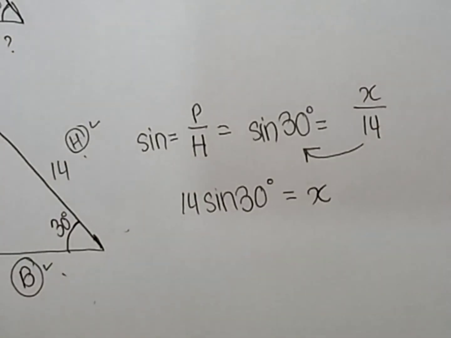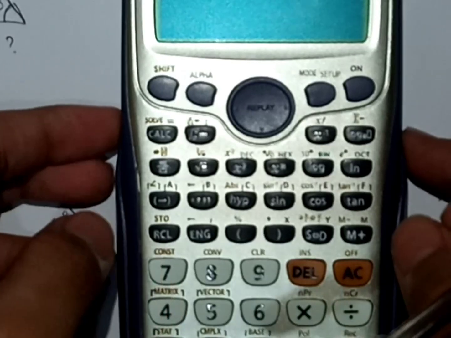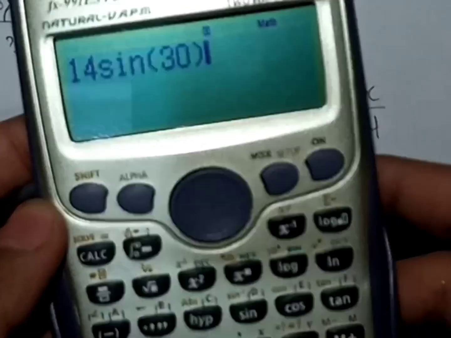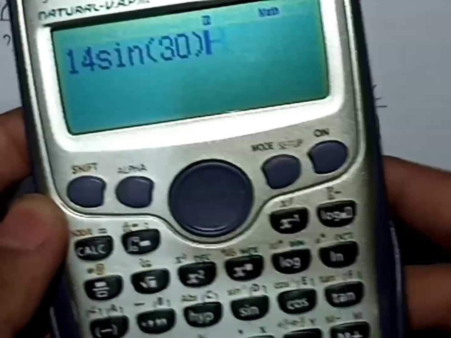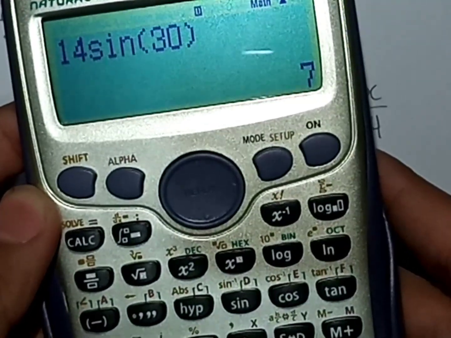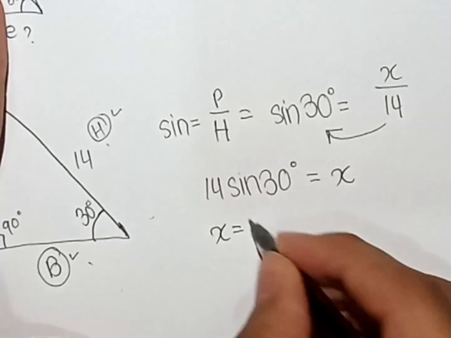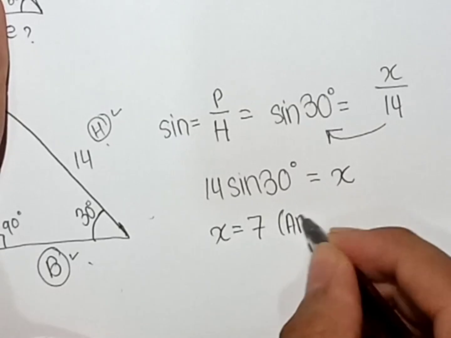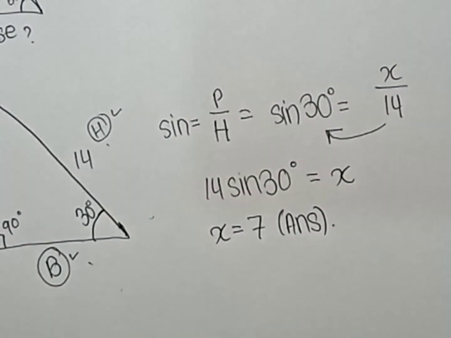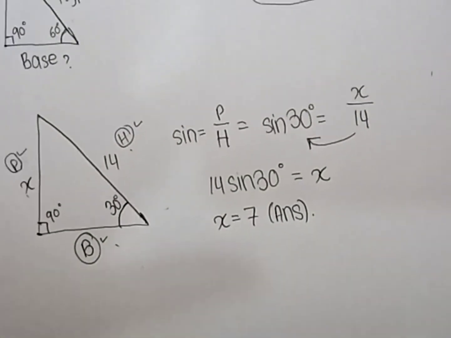Now how can we write it into our calculator? 14, then sine, and then 30. So what answer is coming? 7. So my answer would be 7.